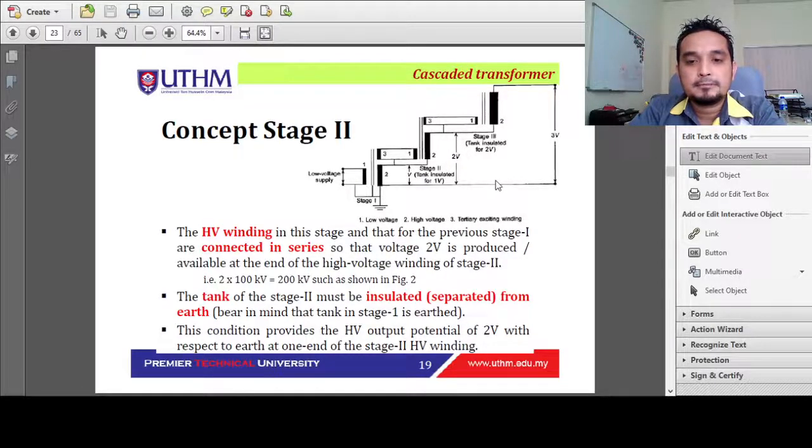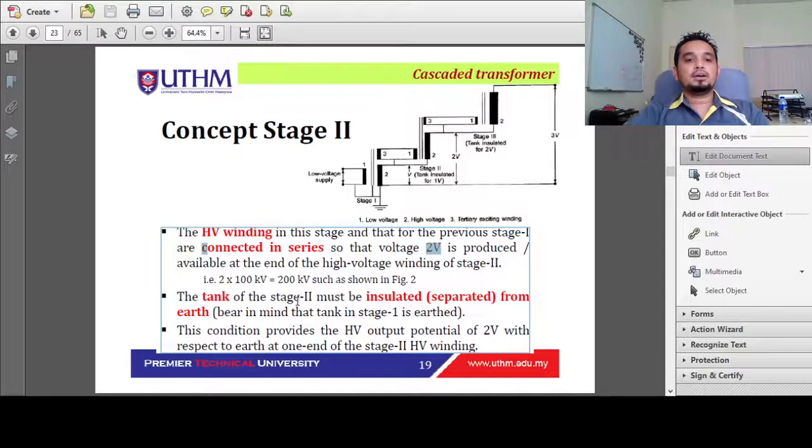This is the reason we connect them in series, so that the voltage level is 2 times V, where V is the output voltage of the first one, available at the next insulator. 2 times 100 equals 200 kV.